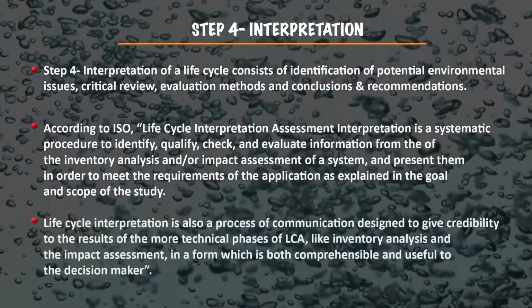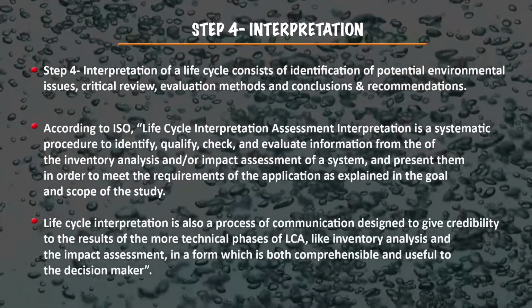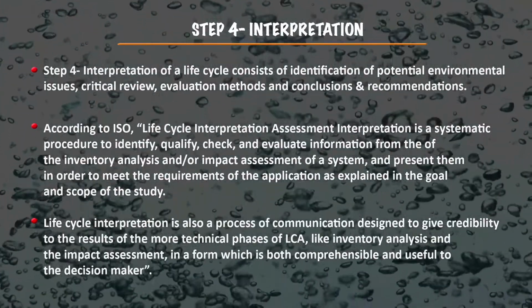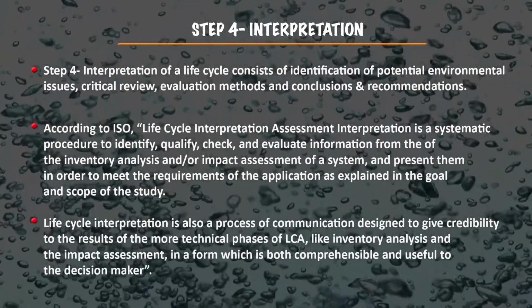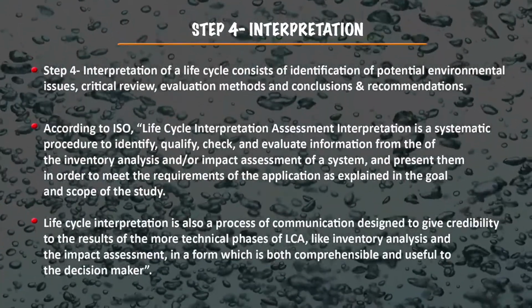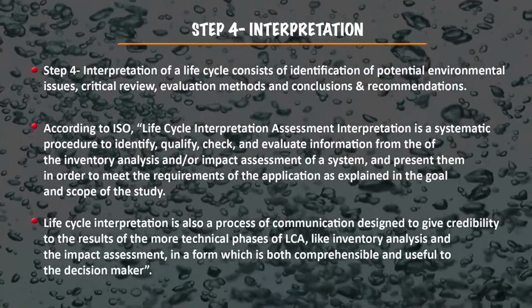This interpretation is also a process of communication designed to give credibility to the results of the more technical phases of LCA, like inventory analysis and impact assessment, in a form which is both comprehensible and useful to decision makers.